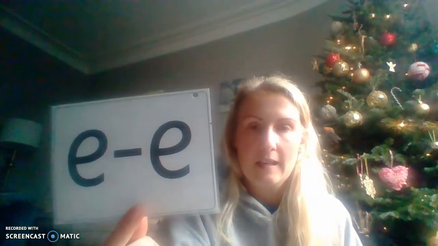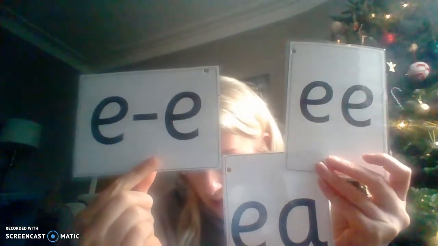I also want you to write down E, and I also want you to write down E. So what you might notice about all 3 of these is they all are the same phoneme, but they are all represented by a different grapheme. So that's what it looks like. So that's what I was saying, how it looks is different, but the sound it makes is the same, okay?